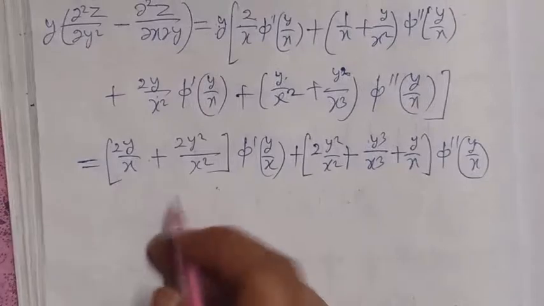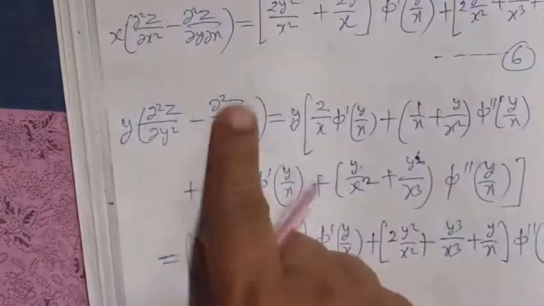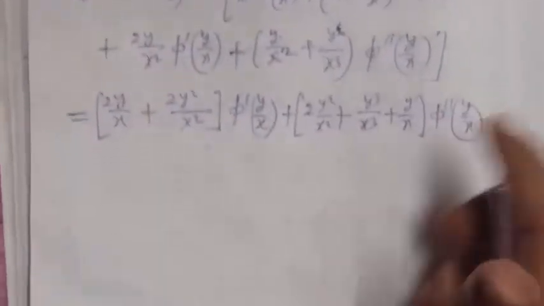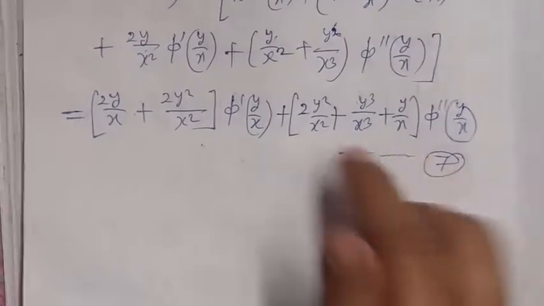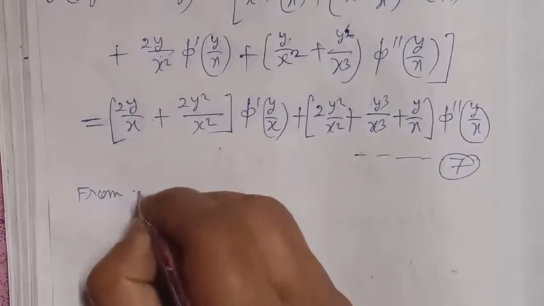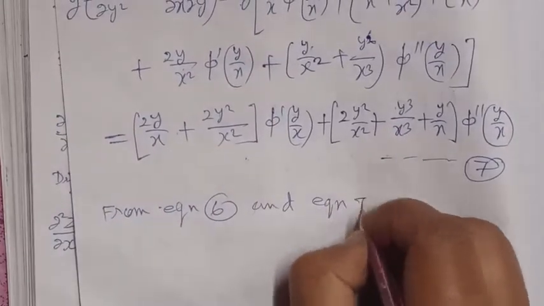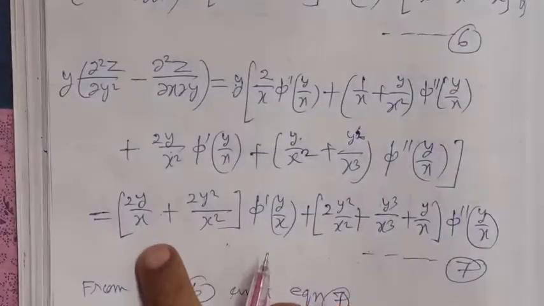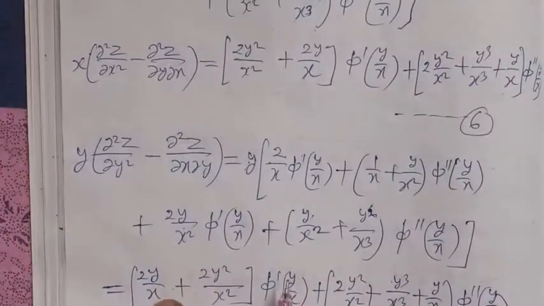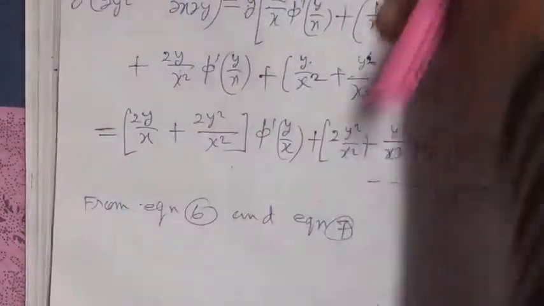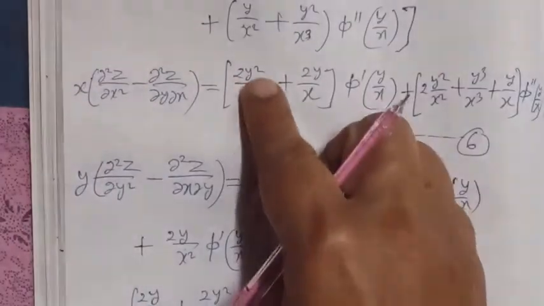Here we are saying that this is the left and right hand side which we have to prove. I write it as equation number 7. From equations 6 and 7 we see that the right hand sides are equal, because here 2y upon x, here also 2 upon x, plus 2y square upon x square, also here 2y square upon x square.